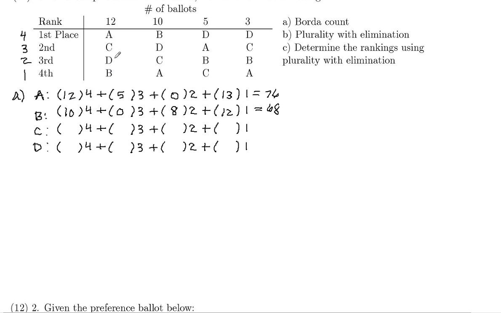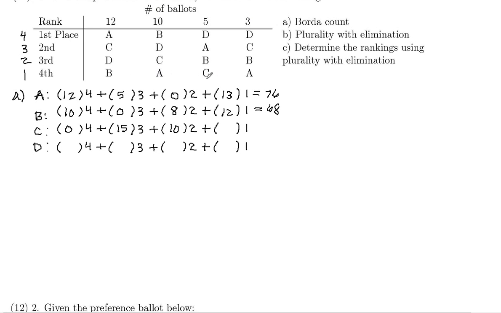Look at C. C is voted first place 0 times. No first place votes for C. Darn. Second place, 12 ballots here and another 3 there. So 15 ballots voted C second. Third place, I got 10 ballots here, and that's it.